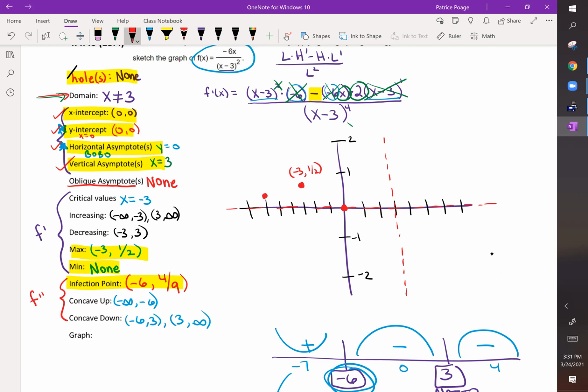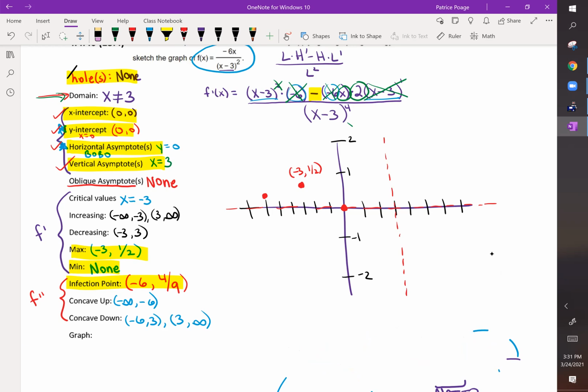All right. So I put all of my points in, my asymptotes and stuff. Now I want to see where it's increasing and decreasing and where my concavity is changing. Looking at my increasing, decreasing, it's increasing from -infinity to -3.